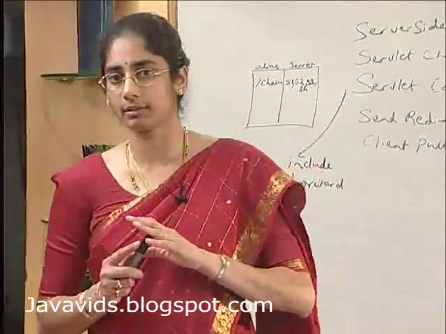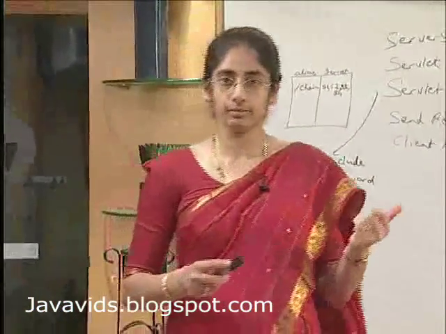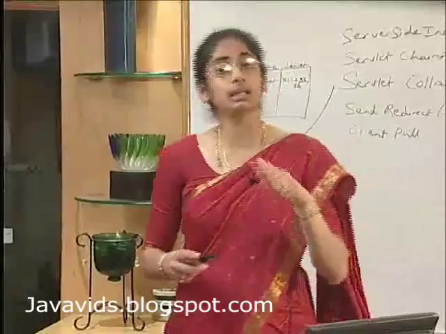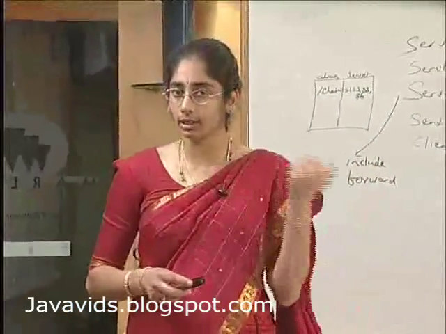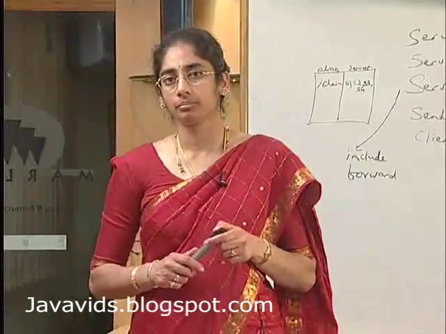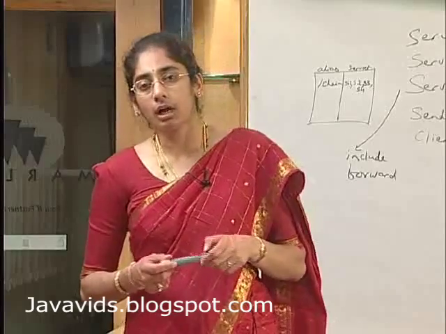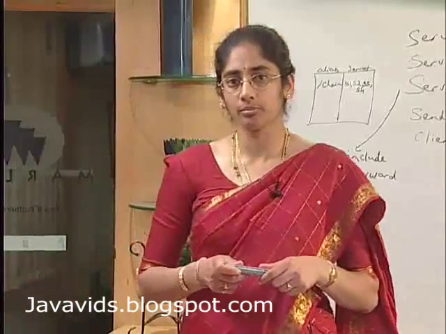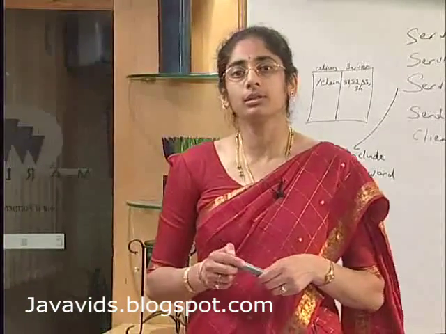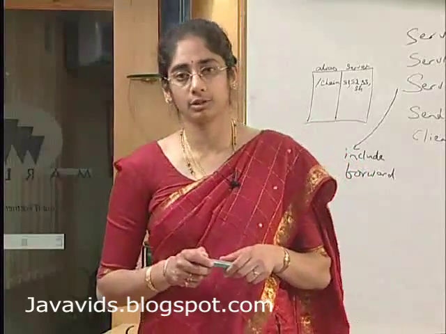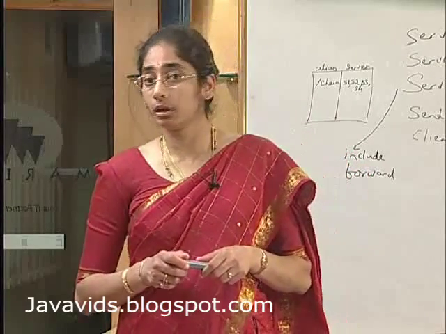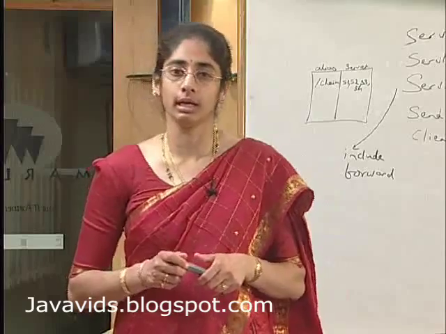So you do a getServletContext to get the servlet context object. Then on that you call getRequestDispatcher, you get a request dispatcher object. When you call the getRequestDispatcher, you pass the URI that has to be invoked. It is not the URL, it is the URI.